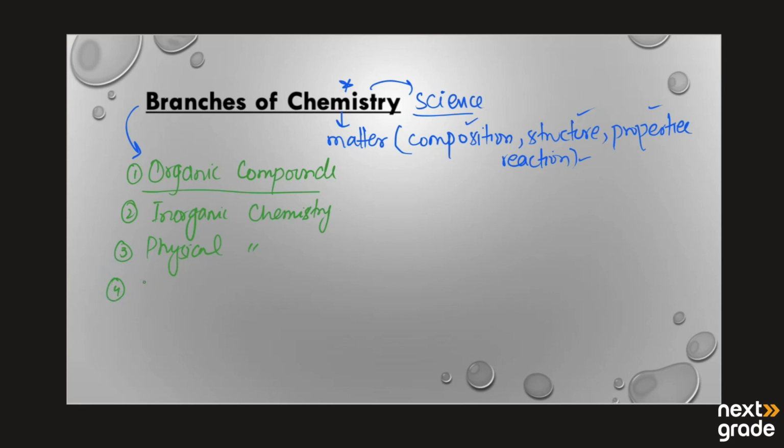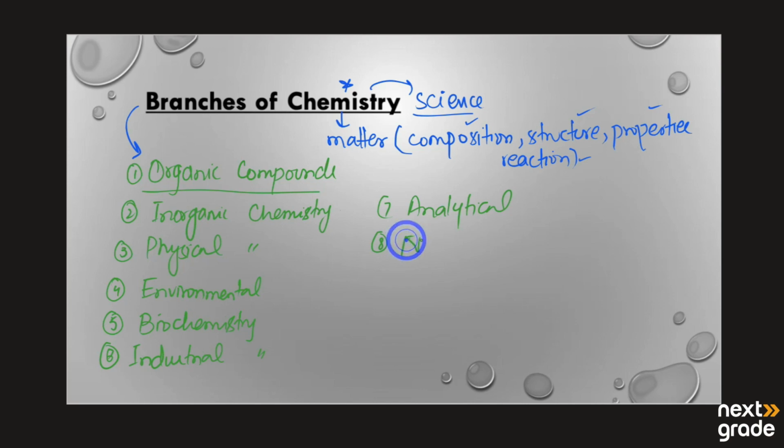The fourth one is environmental chemistry, and the fifth branch is biochemistry, and the sixth is industrial chemistry, and the seventh is analytical chemistry, and the eighth is nuclear chemistry.